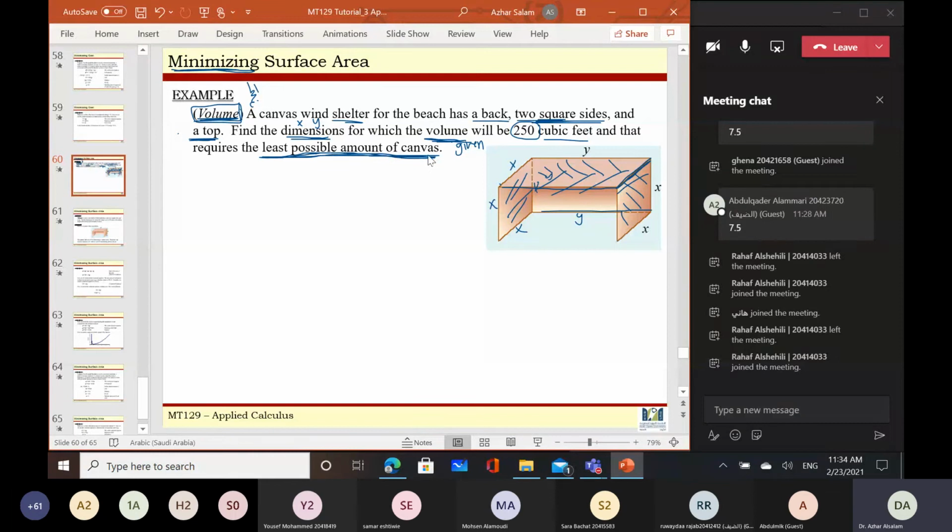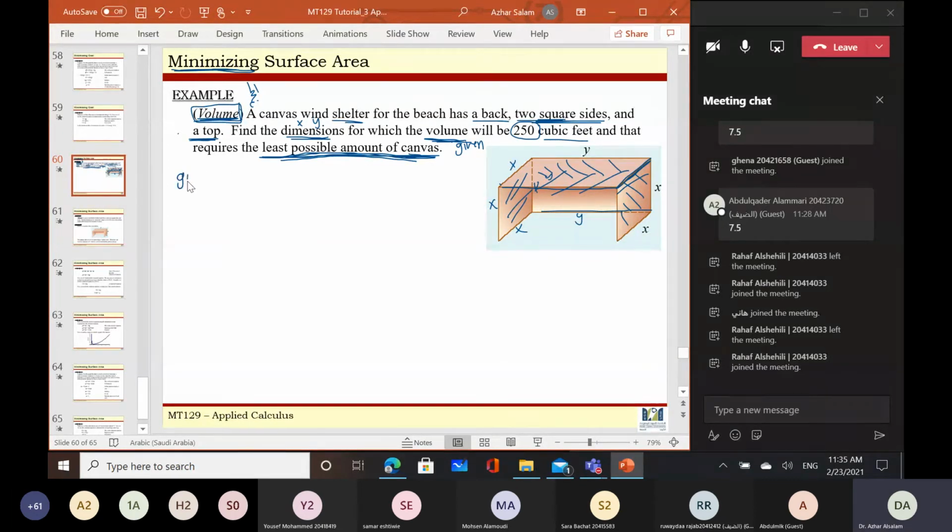Amount of canvas, which is the amount of fabric required to cover the shelter or tent. Okay? To calculate the least dimensions that give me the least amount of fabric. The least amount of the canvas. So this is my function to optimize.